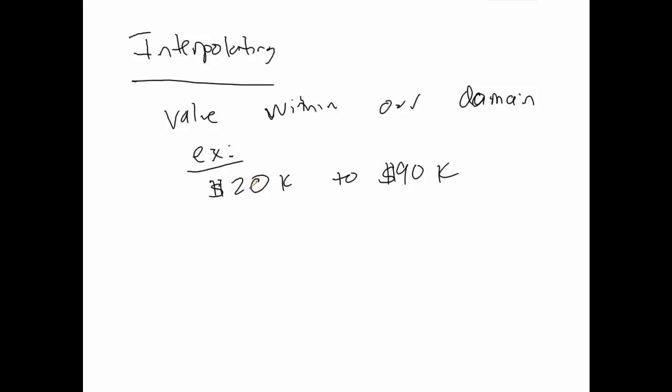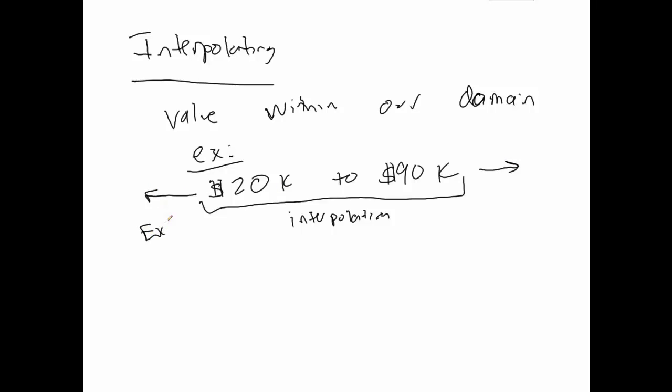So if we're predicting anywhere within this interval, this is interpolation. I could plug 40 into my equation and be interpolating. Anything outside of this window, less than 20 or greater than 90, is considered extrapolation.